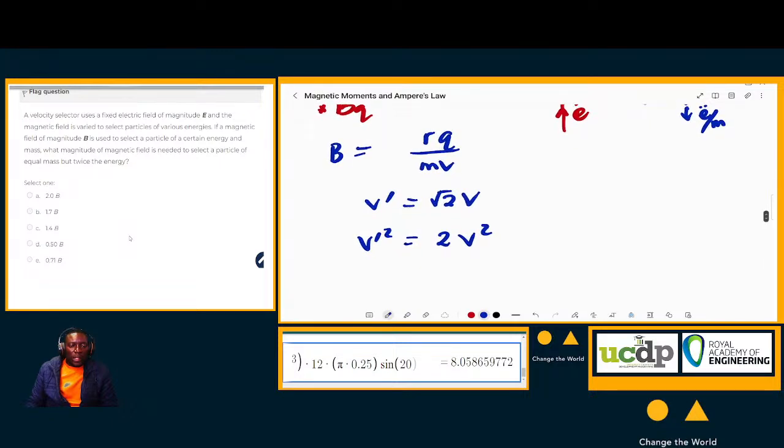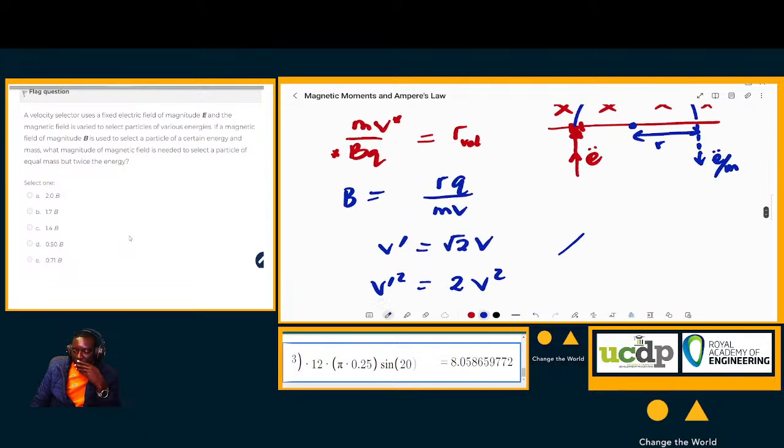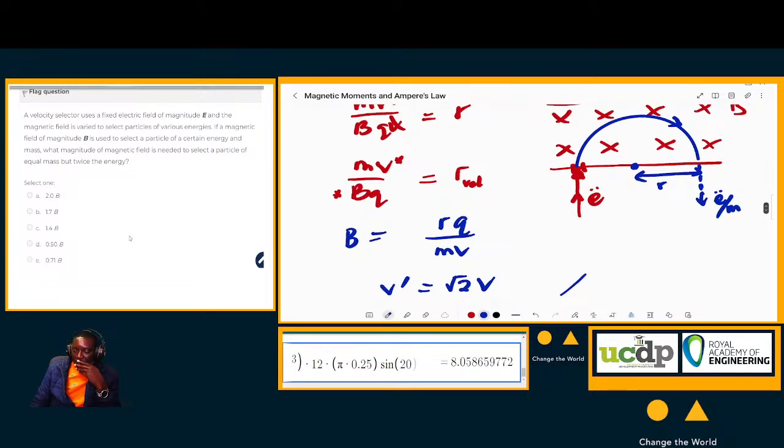So we have a fixed electric field, and the magnetic field is varied to select particles of various energies. If a magnetic field of magnitude B is used to select a particle of a certain energy, meaning a particle of certain velocity, mass and Q would not change.